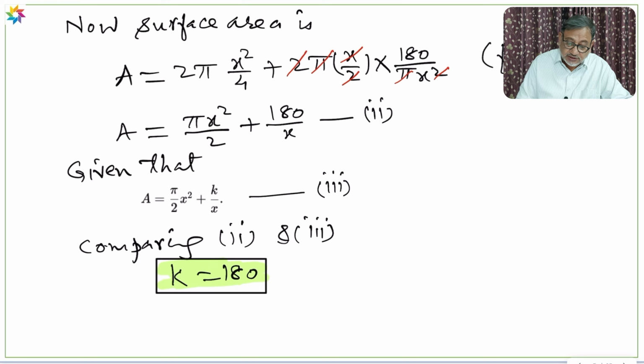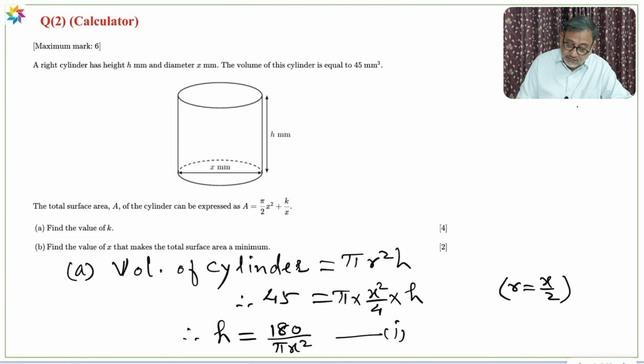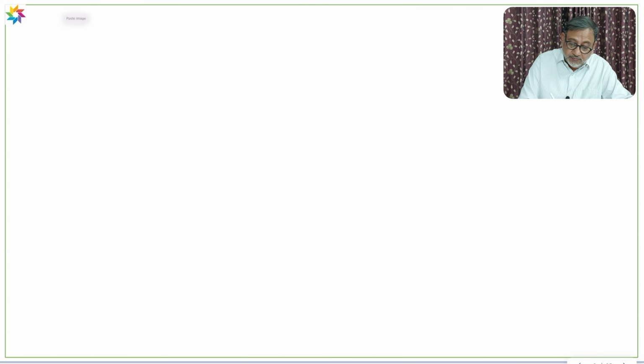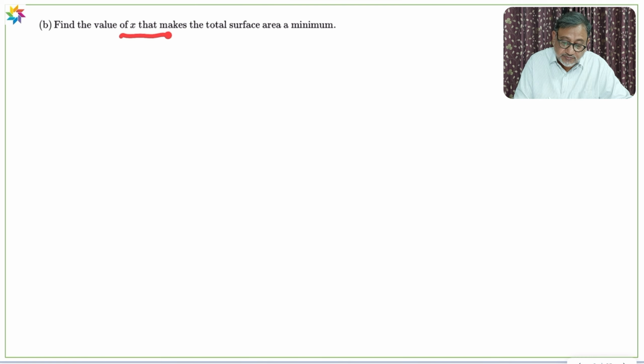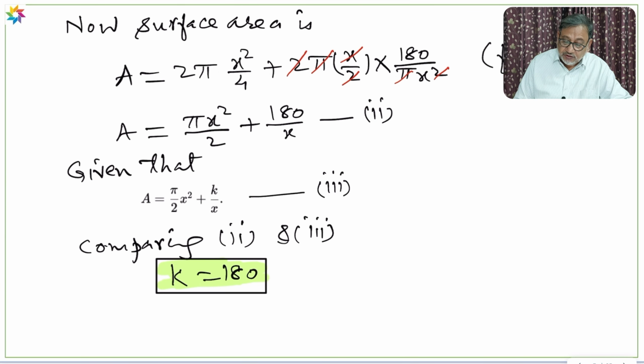Now the second part says, let me write here, A we already have. Now I'll copy the second part on the next page. What do I need to find now? I want to find the value of x that makes the total surface area minimum, maximum and minima. So we need to draw the graph. Better to draw the graph, because this is a calculator question. So we will plot the graph for this part.